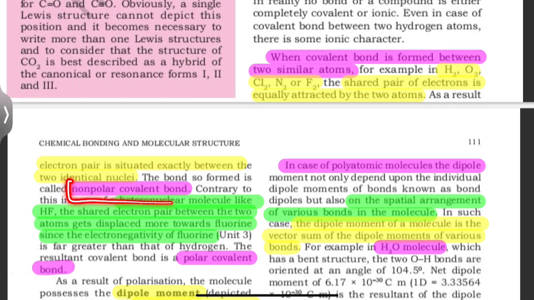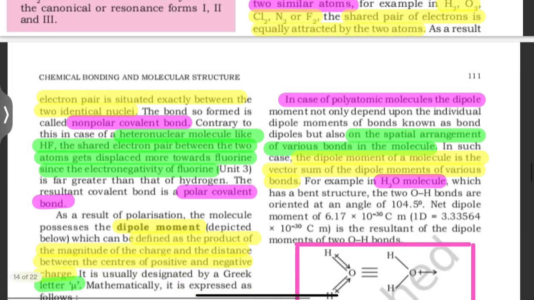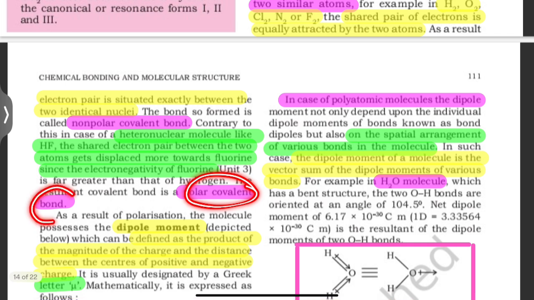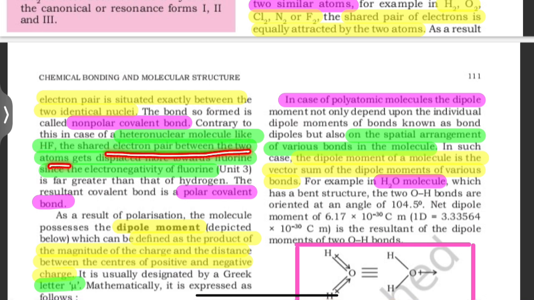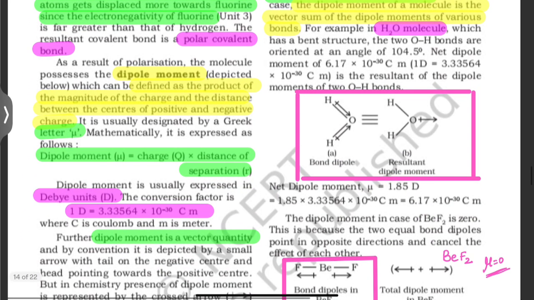So the bond so formed is called a non-polar covalent bond. What is a polar covalent bond? If it is formed between two different atoms, a heteronuclear molecule like HF, the shared pair of electrons between the two atoms gets displaced more towards fluorine, that is more towards the electronegative atom. As a result, a polar covalent bond is formed.